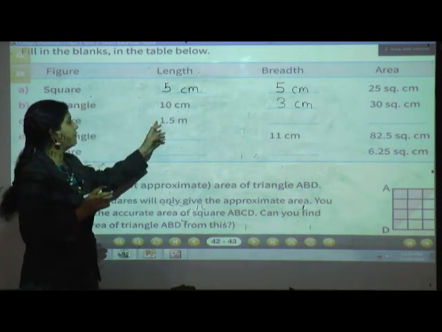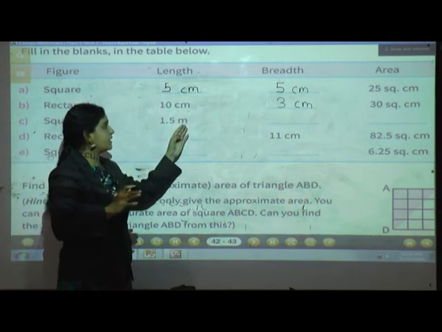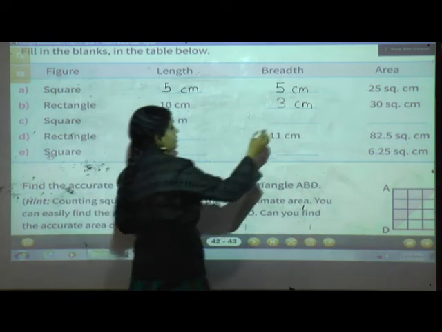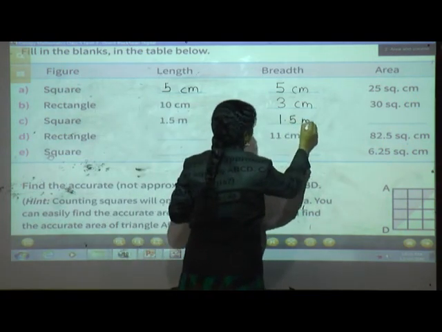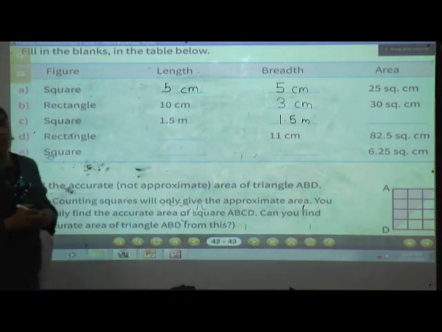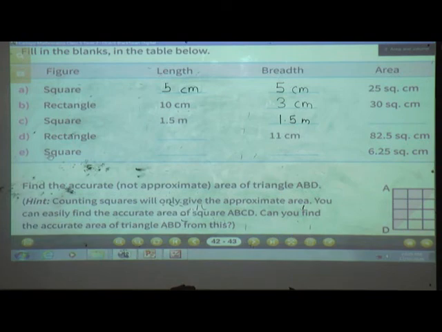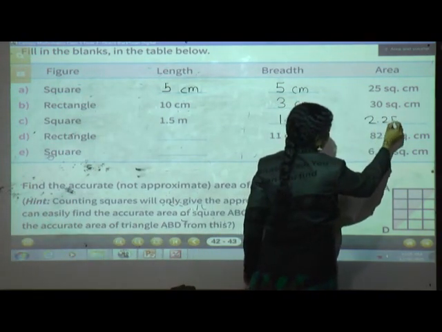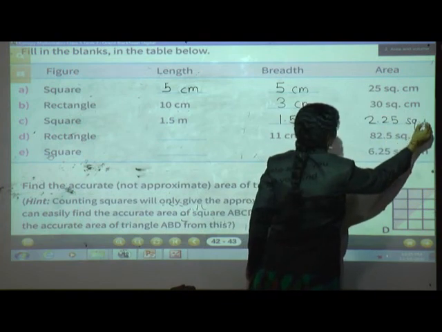So 1.5 meter length means breadth is also 1.5 meter. So multiply 1.5 and 1.5, you will get the answer 2.25 square meter.